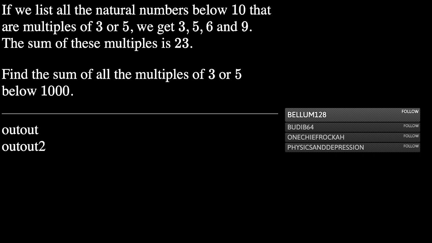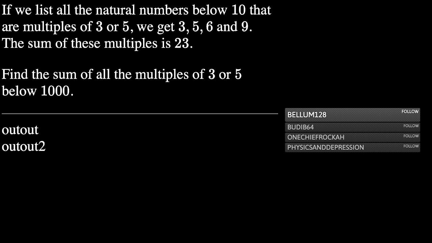Oh, the answer to the first question was, let's see, where'd it go? I wrote it down. 233168. That's for problem number 1, the one with the multiples of 3 and 5. Would you like to know how I got it? I didn't even have to code a for loop or anything. It's fun.